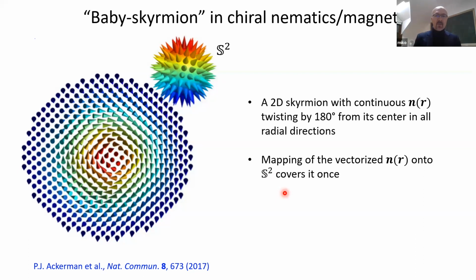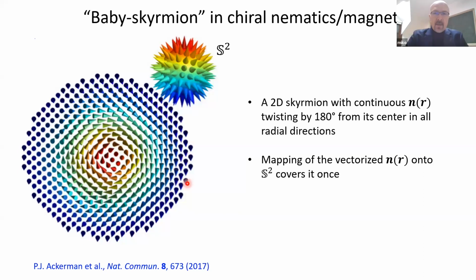So what does it mean from the mathematics point of view? It is not possible to deform this configuration to a trivial uniform one without cutting and introducing some discontinuous jumps. In that sense, mathematically, this structure is topologically protected.